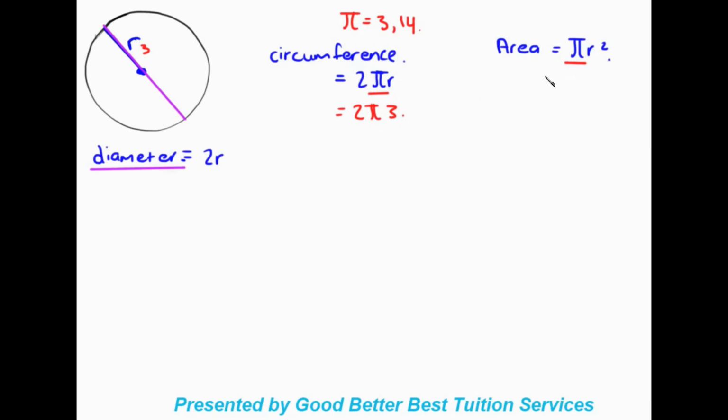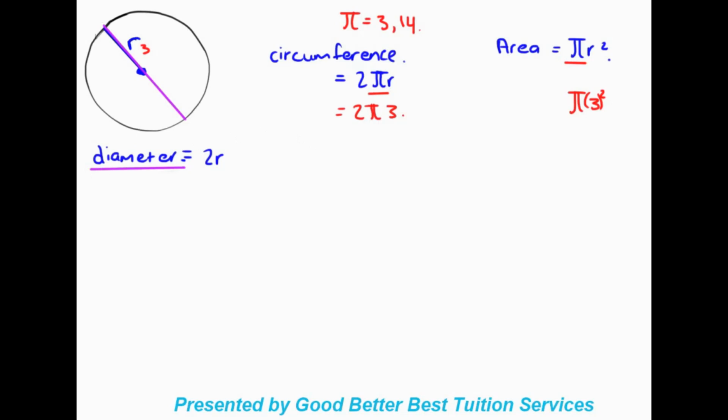Even here, if your radius, using radius 3 again, pi 3 squared. So you see I've just substituted in the 3 and I'll put pi in as usual. But obviously, as I said, if you're not allowed to use a calculator, use pi with the value of 3.14.